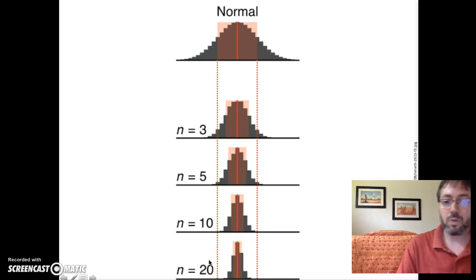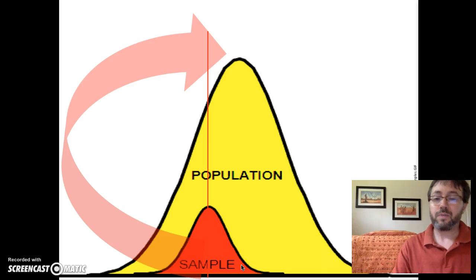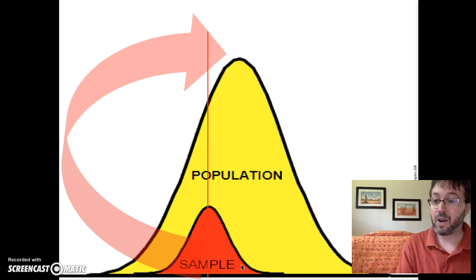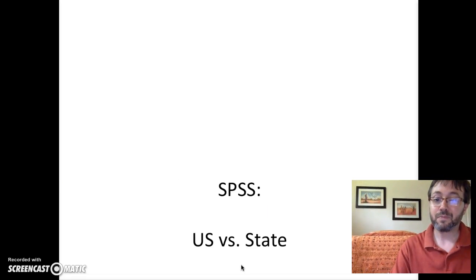And when we get to those 20 observations, that confidence interval, or that spread around the mean, has decreased even further. So we talk about the spread around the mean, the variance, central tendencies, all to help us better understand how our sample can be used to speak to the larger population.